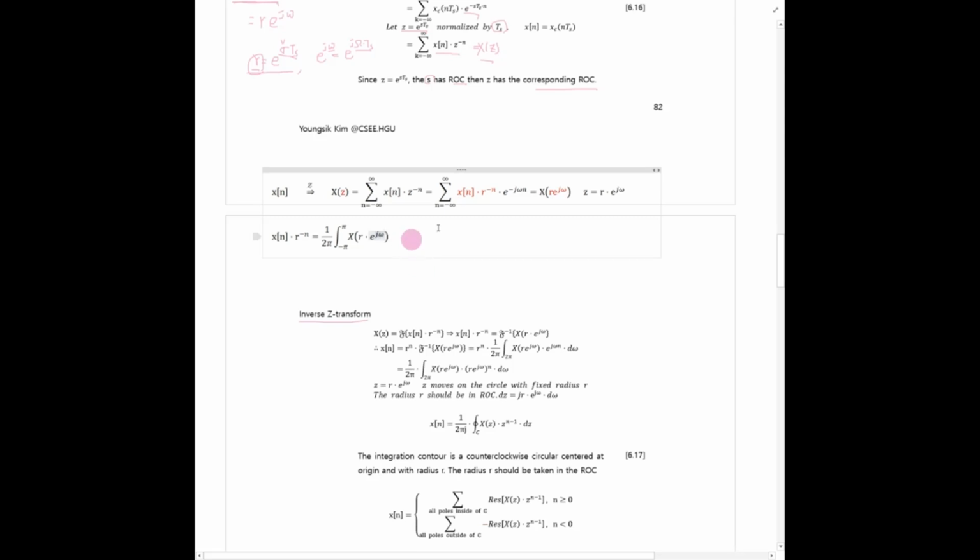In case of the DTFT, the radius is 1, but at this moment the radius is r. Okay, that's a circle. So we are taking the integration over this circle, and e to the j omega n d omega. This is the definition of the inverse DTFT.